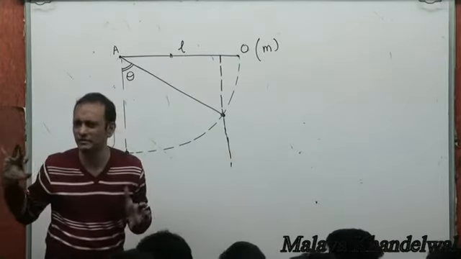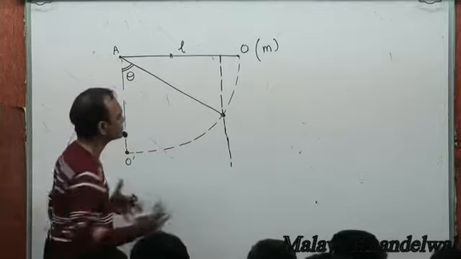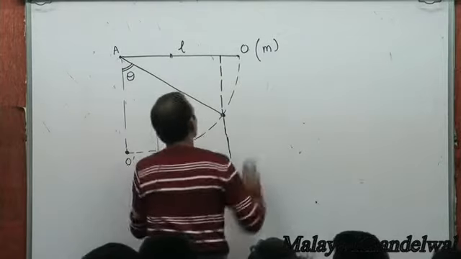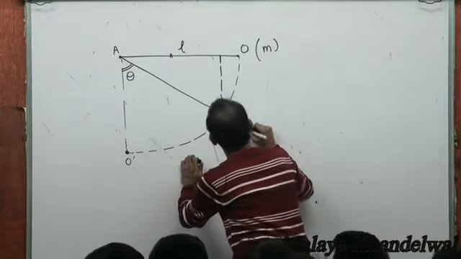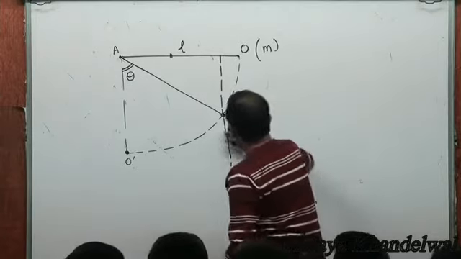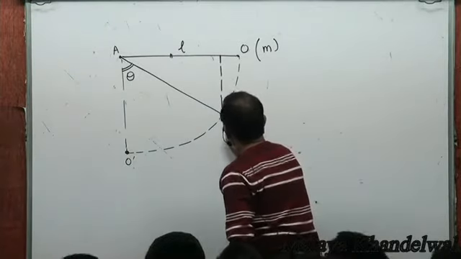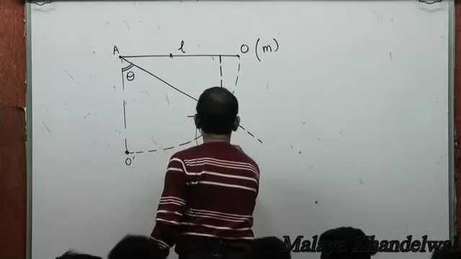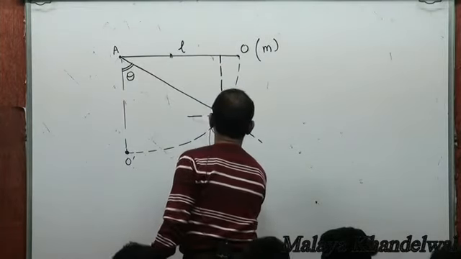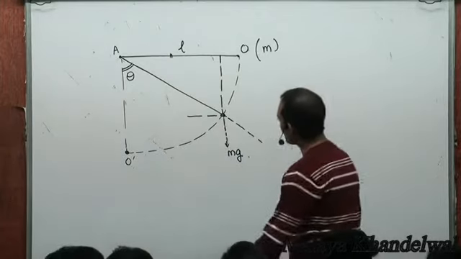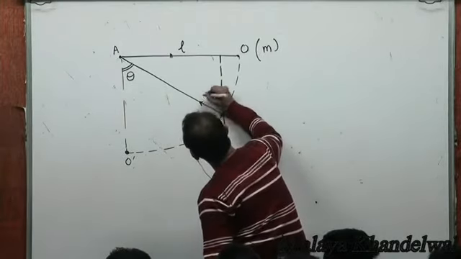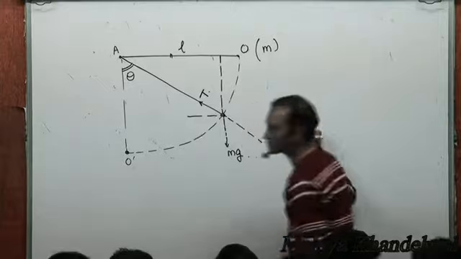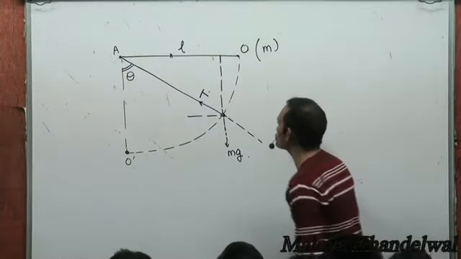Then we'll find the maximum velocity, etc. See, there is mg acting like this, right? There is tension in the string like this. These are the two forces.